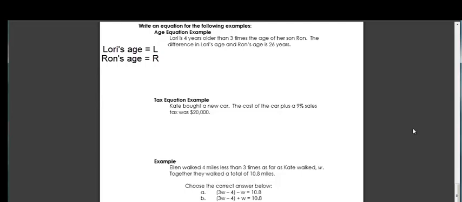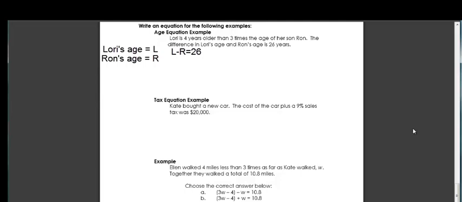It says the difference, so that right there should tell you subtraction, in Lori's age and Ron's age is 26 years. So that should give you L minus R equals 26. So we've done an equation for that second line.